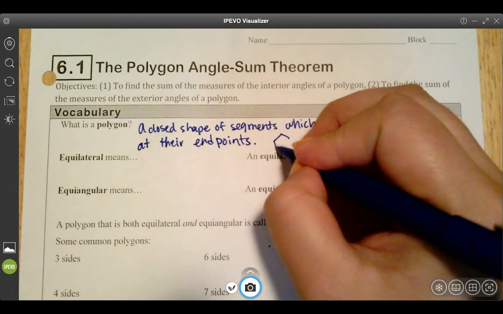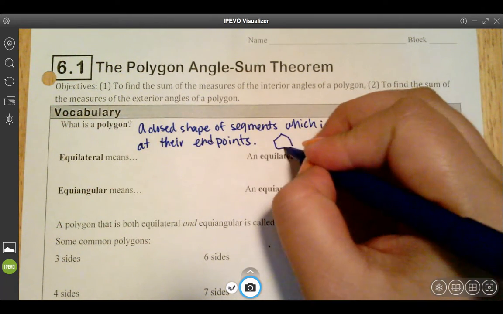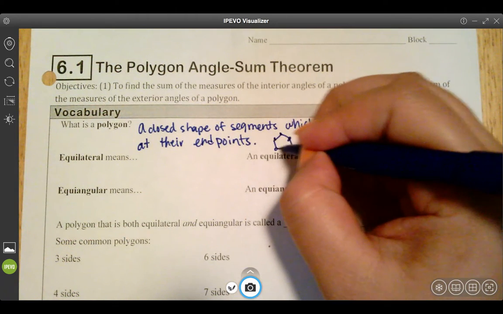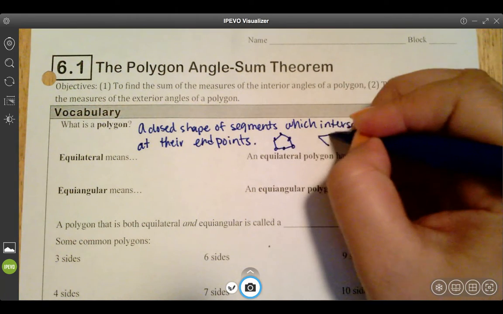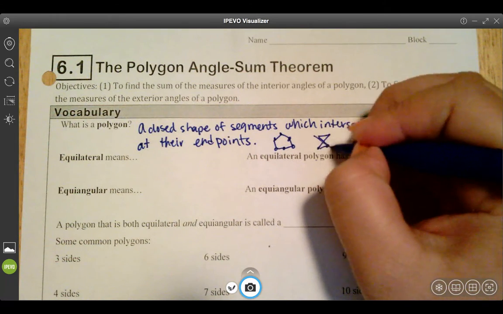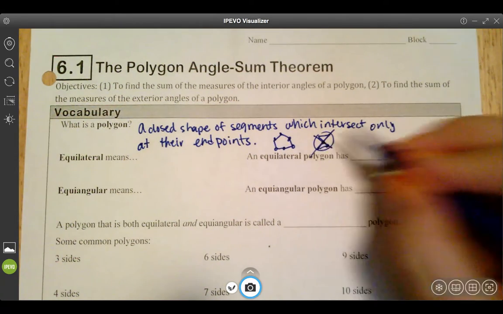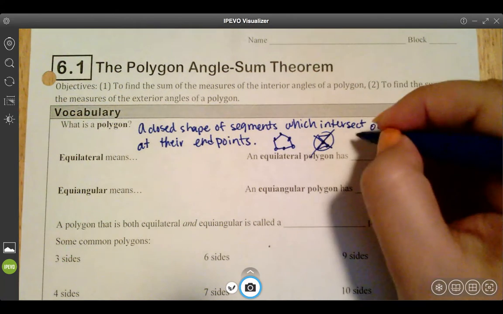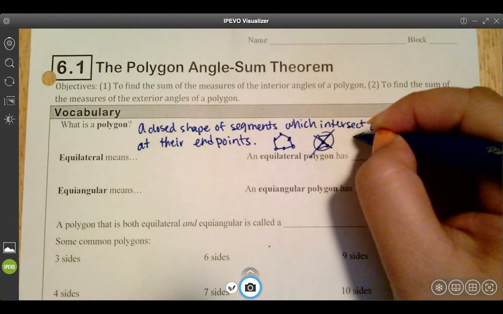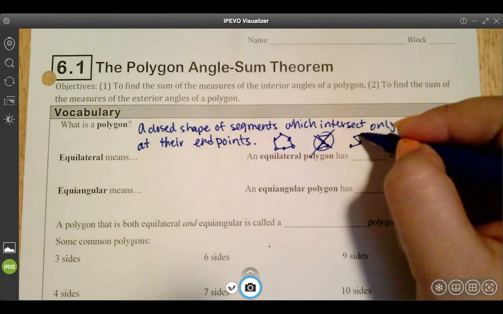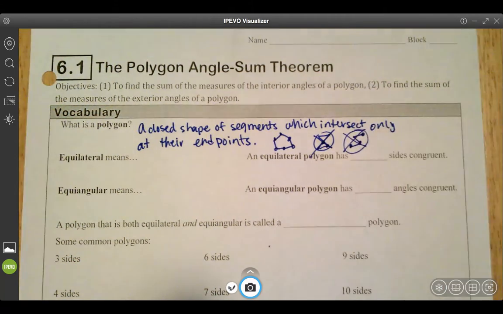So it can be however many segments you want, but they have to intersect only at the segment endpoints. So they cannot cross like this. That is not a polygon because they crossed in the middle of the segments. Another example that could not be a polygon is something like this because it does not close. So this is, again, not a polygon.